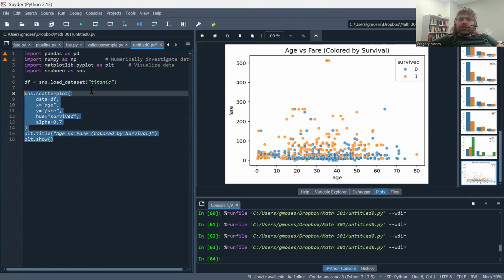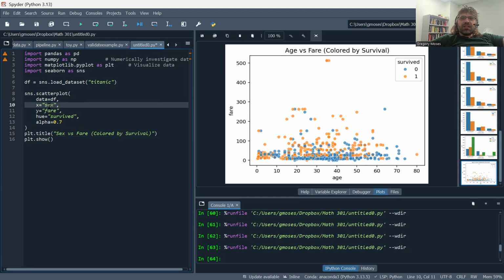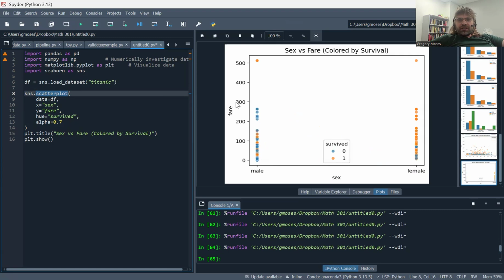We could create essentially a scatter plot. That is, if I type sex here, then even though sex is not numerical and scatter plots are designed to work with numerical data, I can generate this.